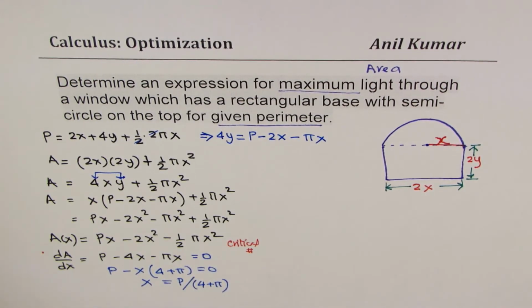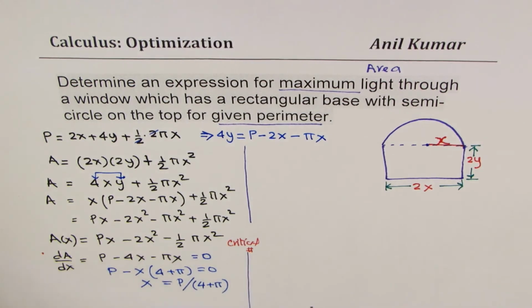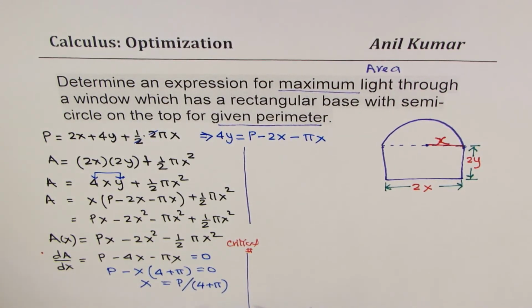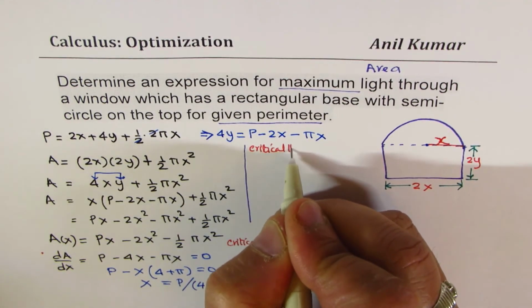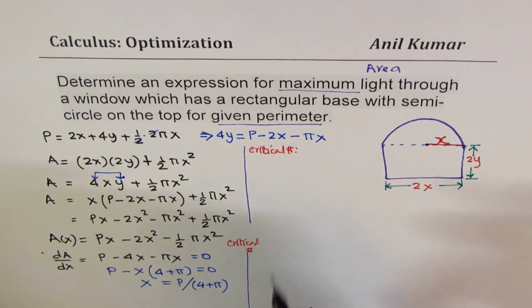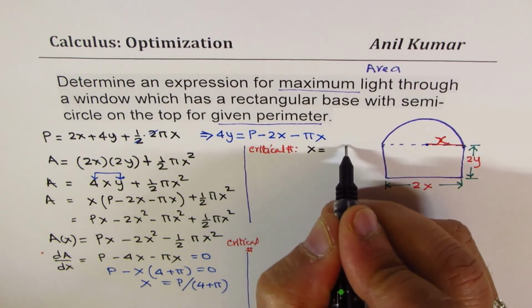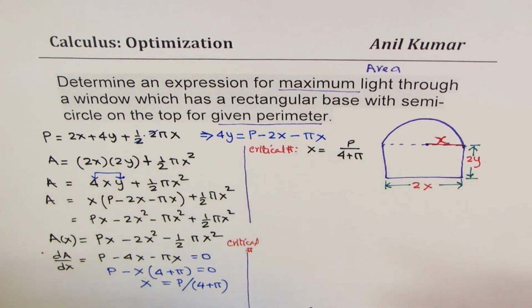So that becomes the value for x. That is the critical number for us. So what we found here is that the critical number is x equals perimeter divided by 4 plus pi, right? So that becomes the value of x.